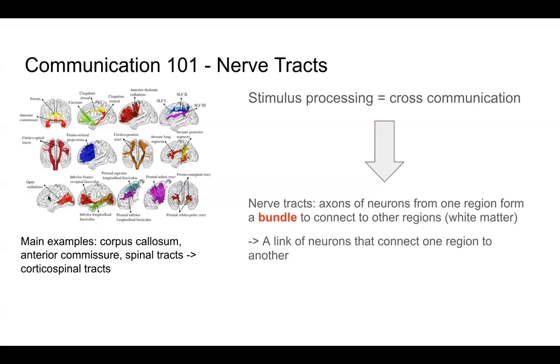I think the ones we can all understand the most are the optic radiations. In the visual system, you will learn a little more about this, but the information that your eye receives goes to the thalamus. Once it goes to the thalamus, it needs to be sent back to the occipital lobe.